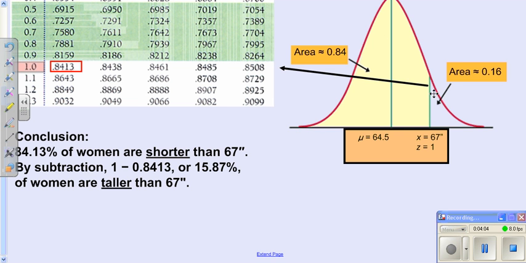So all we have to do to get this area is take the total area of 1 and subtract the area that we don't want, which we know already. So we'll go 1 minus 0.8413, which is 0.1587, or if we change that into a percent, 15.9% of the women are taller than 67 inches.